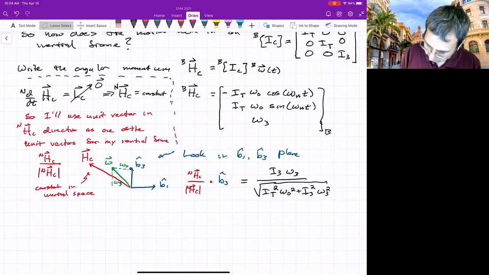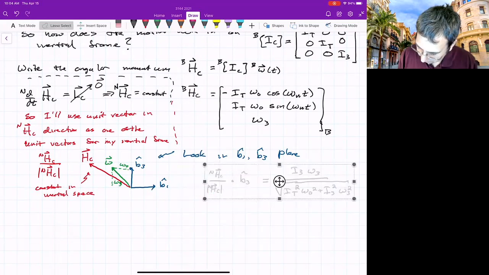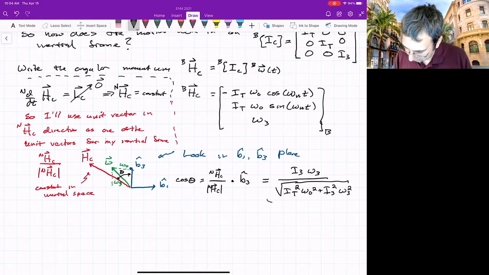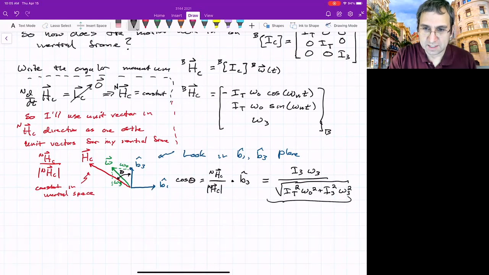Maybe I'll move this over because these are two unit vectors. Whenever we have two unit vectors, we can write the cosine of the angle between them. So what's the angle between these two? Well, it's this angle, theta. Cosine of theta equals this. And notice this is a constant. So because that's constant, the angle theta is a constant.